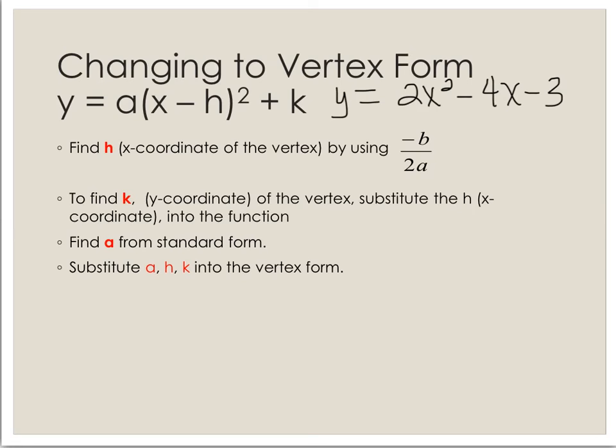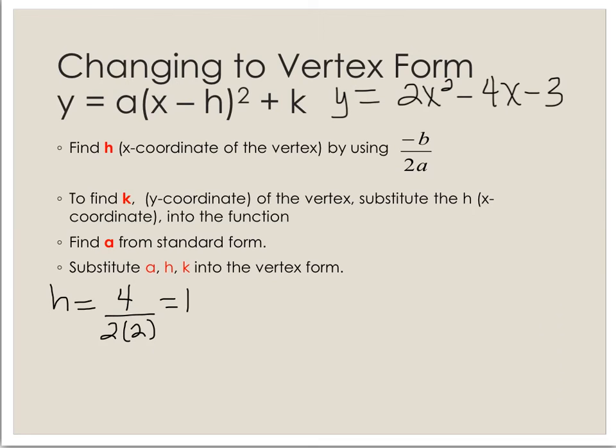So the first thing we want to do is find h. And to find h, we use this formula. So h is equal to -b, which makes +4, over 2 times 2, which gives us 1. So our h will be 1.